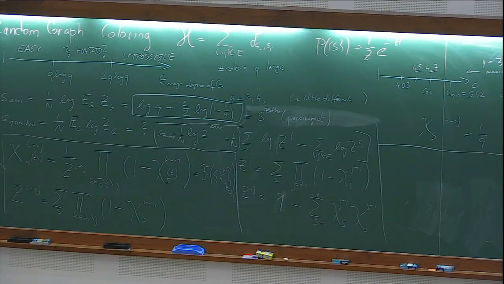Let me write that it depends on all the vectors. Just to make it clear, I will write the index differently, k to i, where the k are always the same.